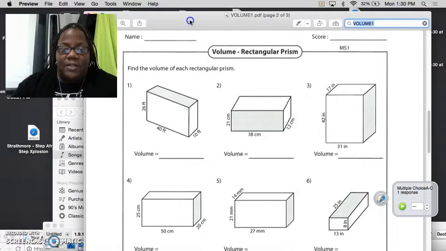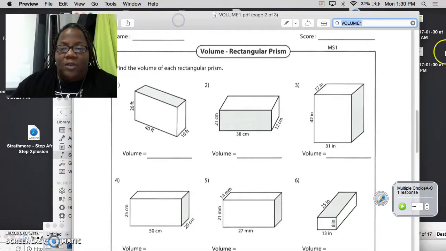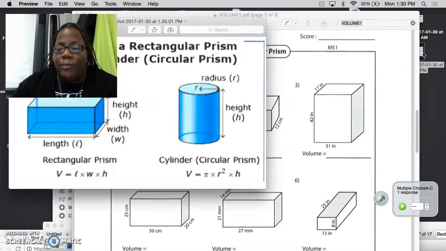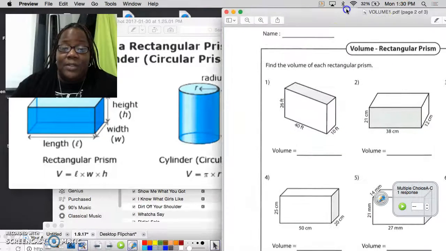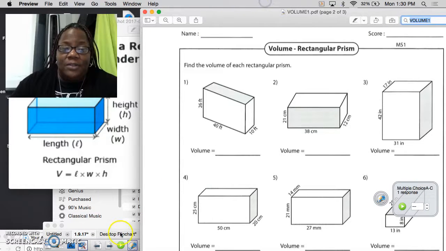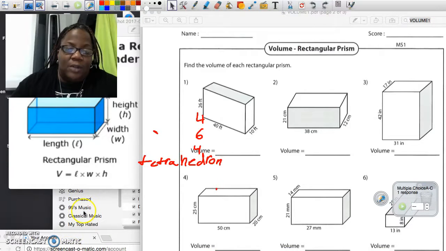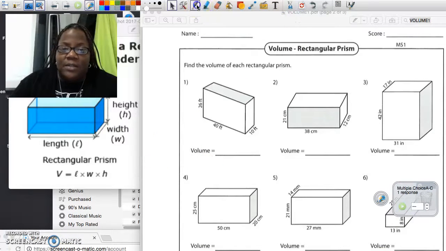First thing we're going to do is practice the volume of the prism. Now, good news is that this is a lot easier than a surface area one. Let me take a look at my formula.